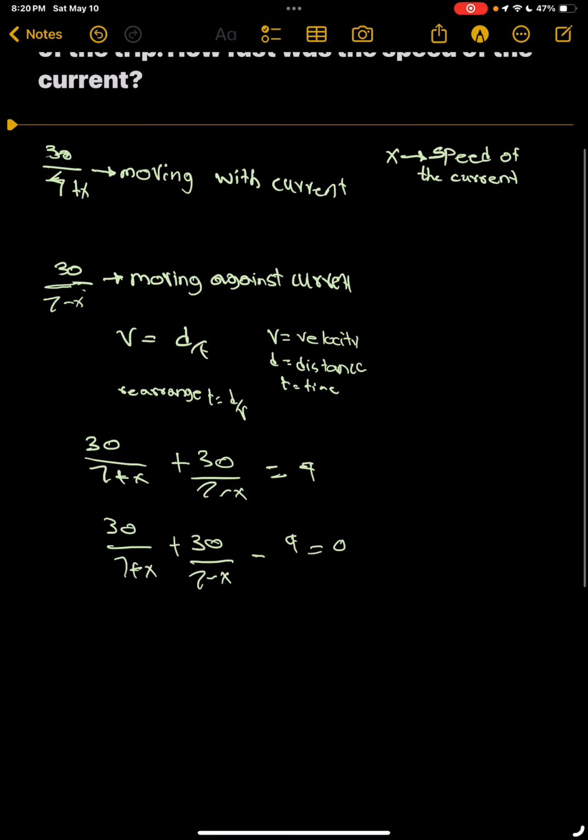Now we have to make this a common denominator, because if we don't, we can't proceed and solve it further.